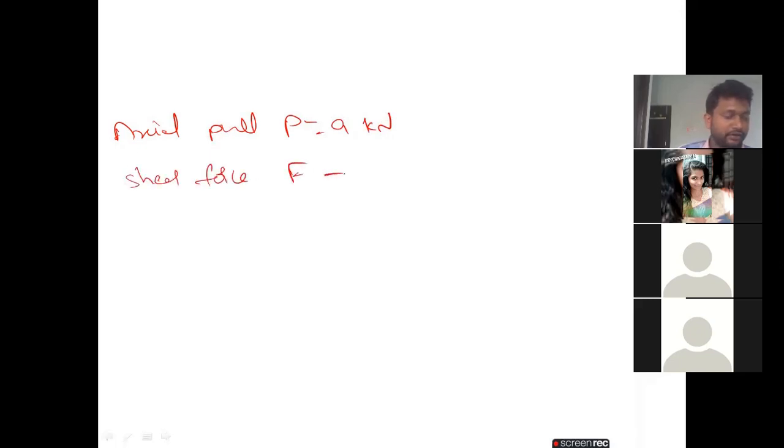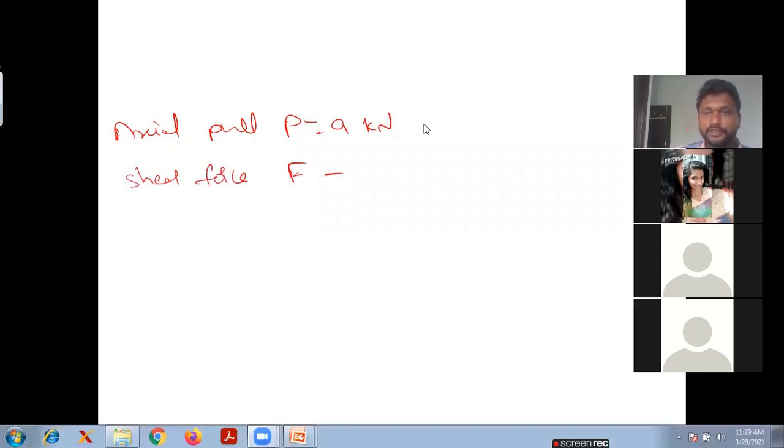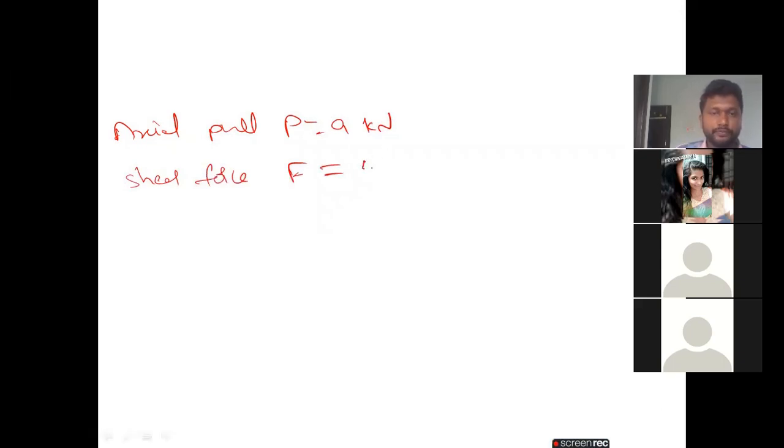So axial pull P equal to 9 kilonewton and shear force F equal to 4.5 kilonewton. If you convert into newtons, it is 9,000 newtons and 4,500 newtons.